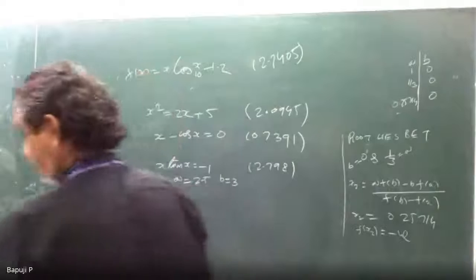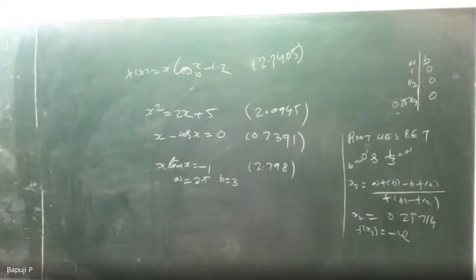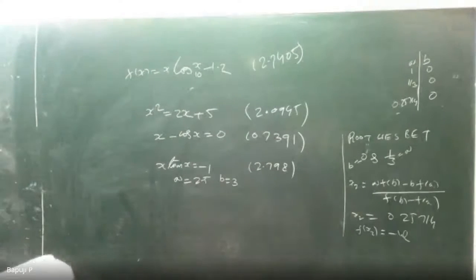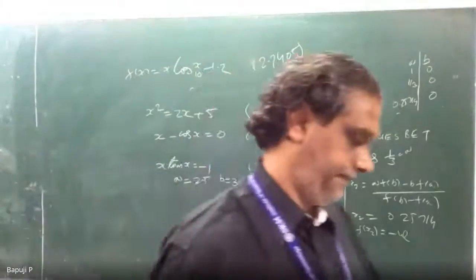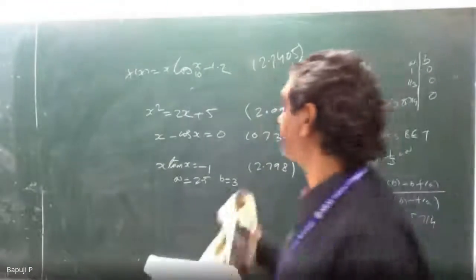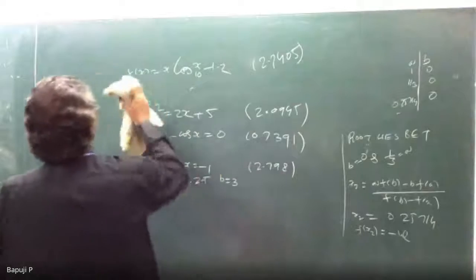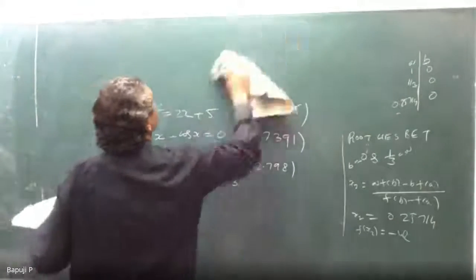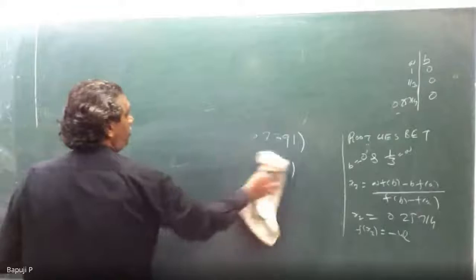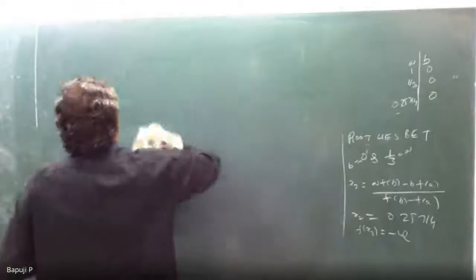You can do the false position method, or if you want, you can use the Newton-Raphson method. A few problems, just try. These all are only positive roots, you can keep that in mind.